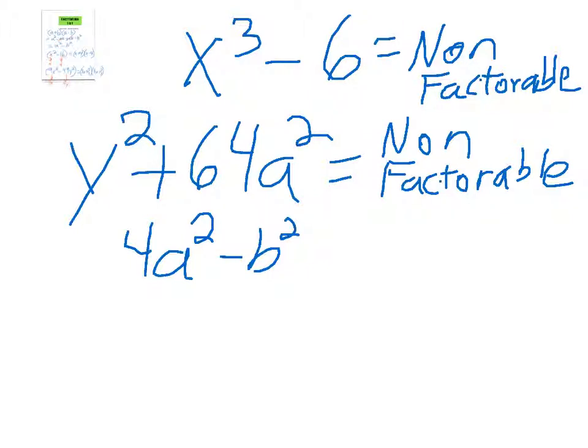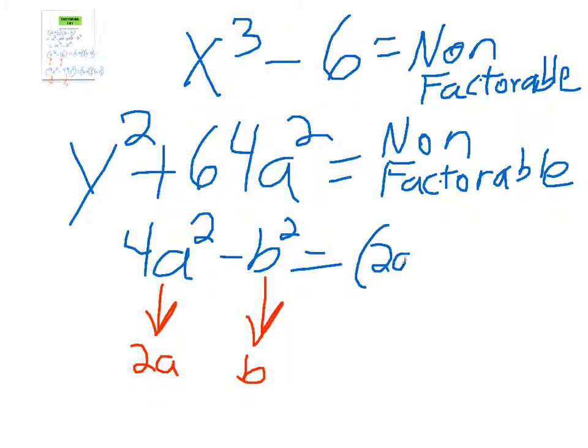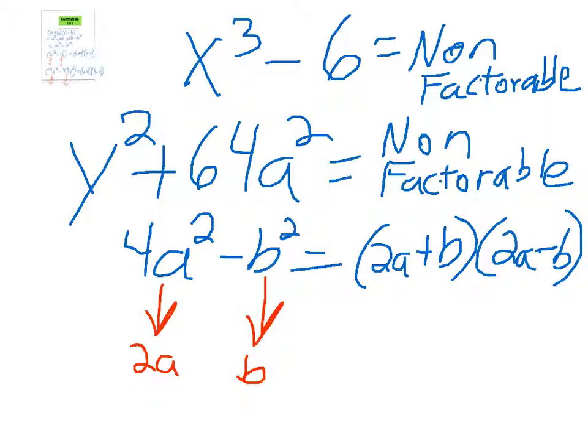We have a 4a squared, which has a square root of 2a. B squared, its square root is just b. So we get 2a plus b times 2a minus b. And again, if you put the 2a minus b first, it will not make any difference. That will be fine.